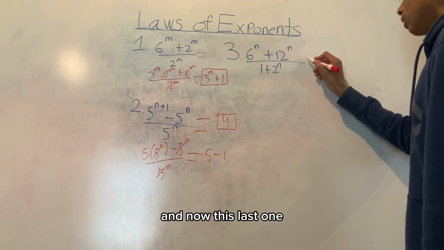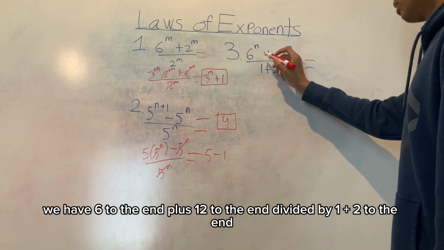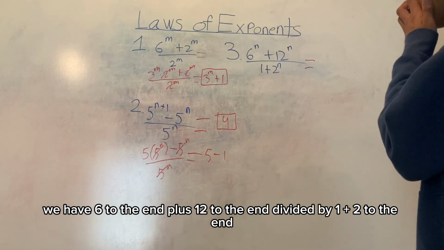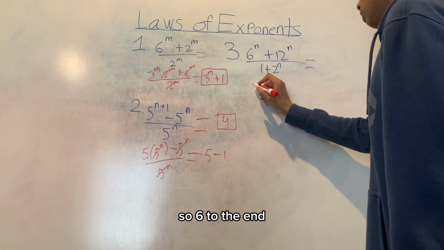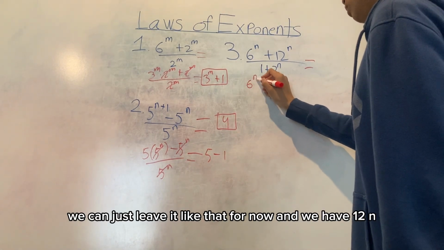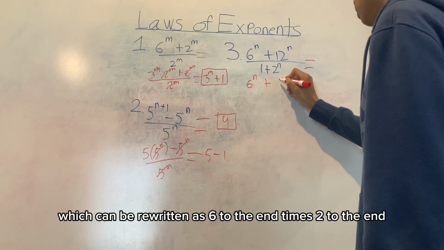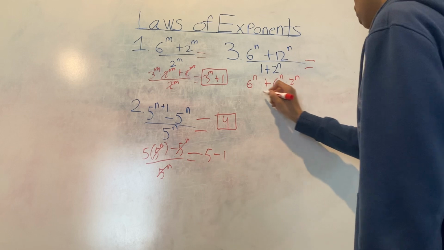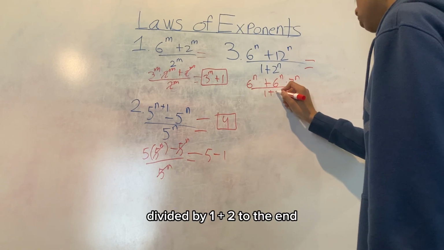And now this last one, we have 6 to the n plus 12 to the n divided by 1 plus 2 to the n. So 6 to the n, we can just leave it like that for now. And we have 12 to the n, which can be rewritten as 6 to the n times 2 to the n, divided by 1 plus 2 to the n.